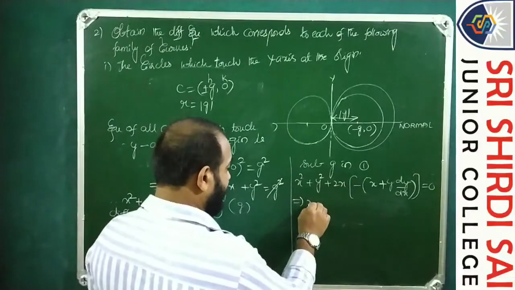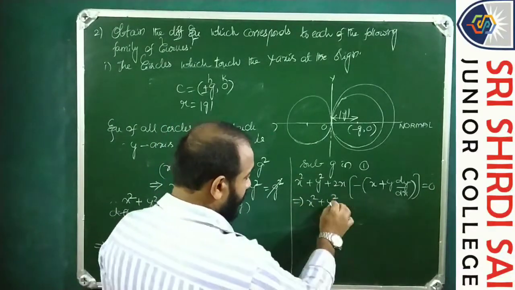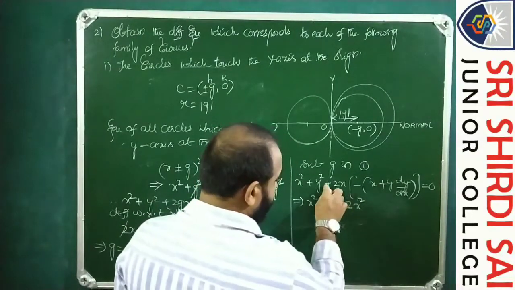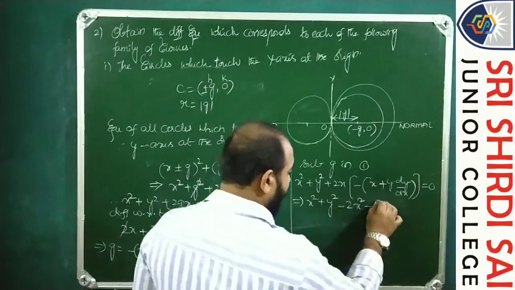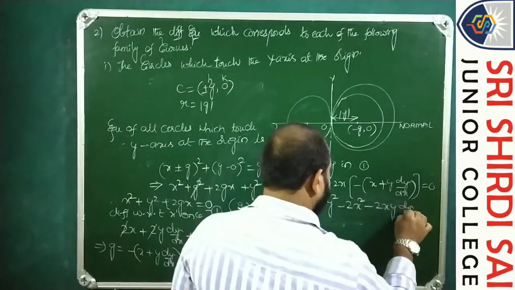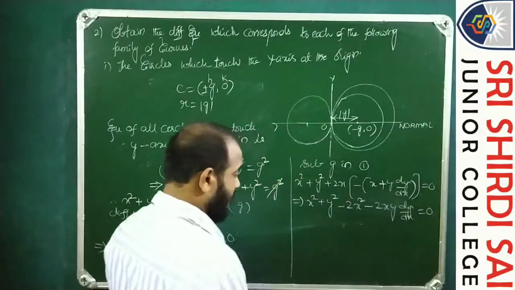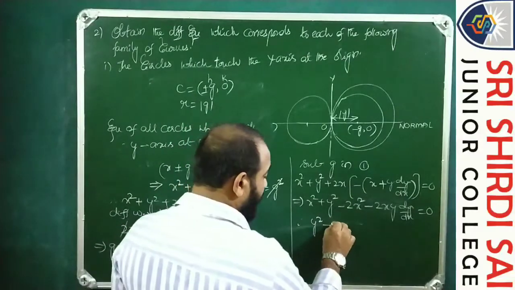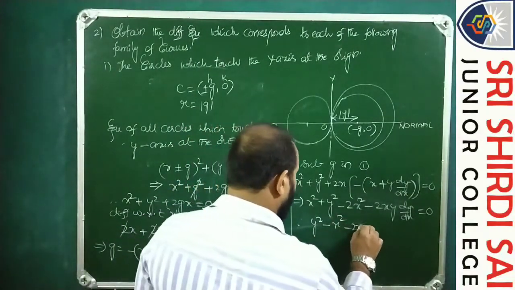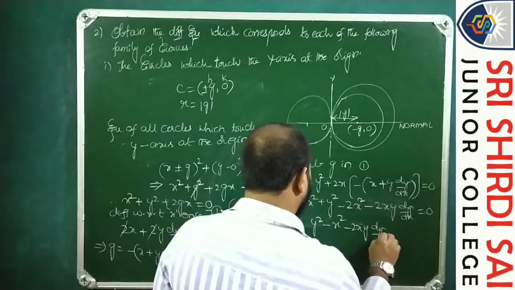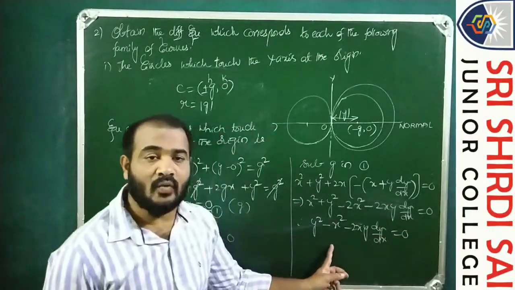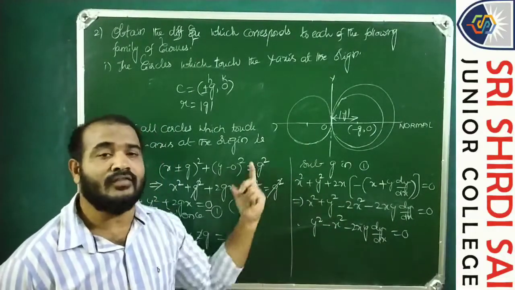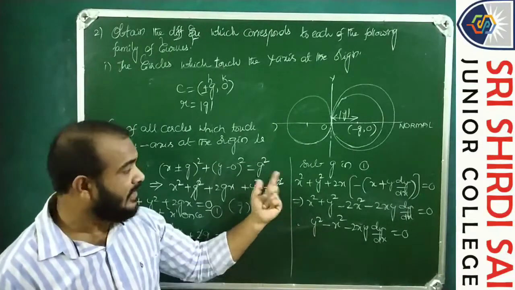This gives x square plus y square minus 2x square minus 2xy dy by dx equals 0, that is, y square minus x square minus 2xy dy by dx equals 0. This is the required differential equation corresponding to the family of all circles which touch the y-axis at the origin.